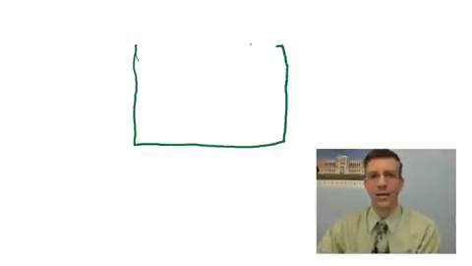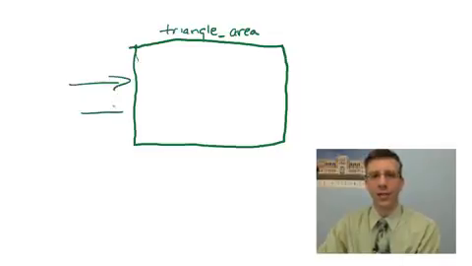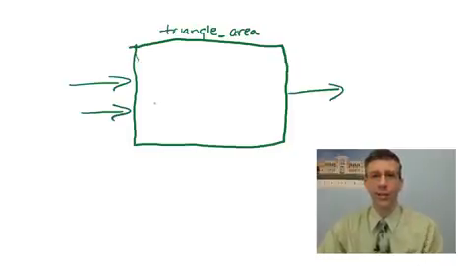Now, I want you to think of these functions as a box. And this box has a name. In this case, it's triangle area. And there are some number of inputs. In this case, there are 2 inputs, and some number of outputs, 0 or 1. In this case, there's 1 output.